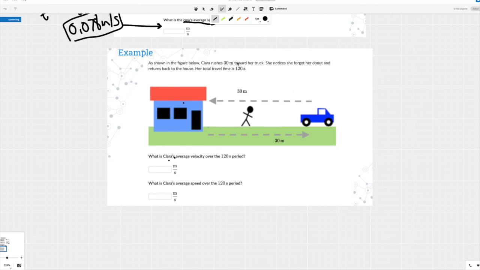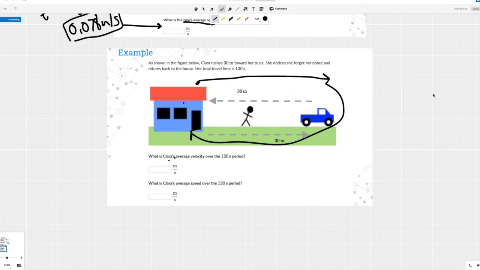So as shown in the figure below, Clara rushes 30 meters towards her truck. So she goes from here 30 meters. And then she forgot her donut. Then she goes back. Ooh, alright. So she basically is in the same position where she started. She started at her house, went to her truck, and went back.